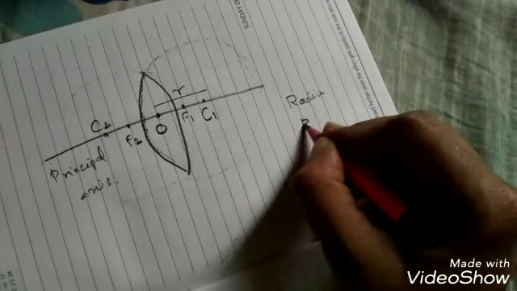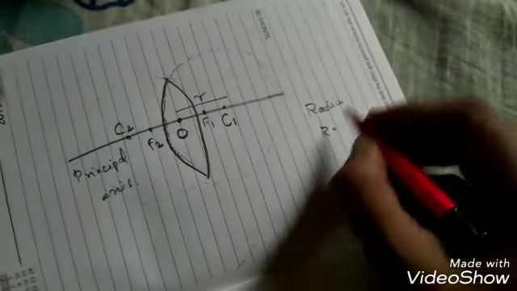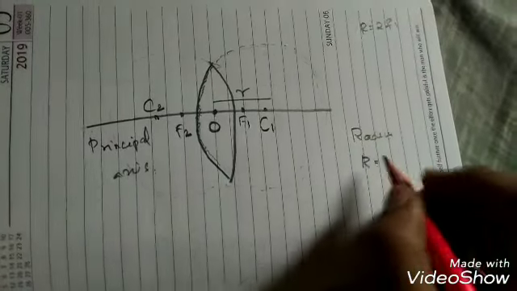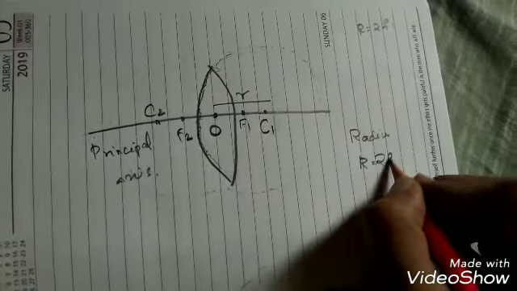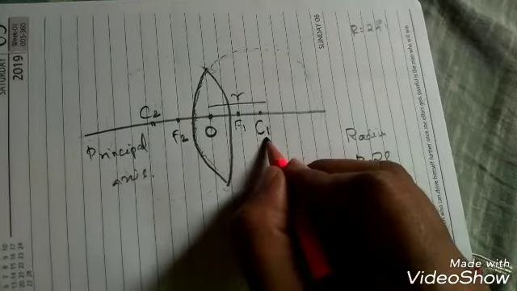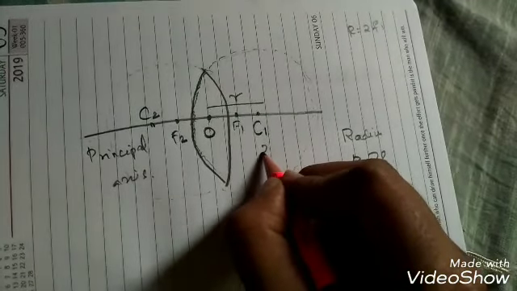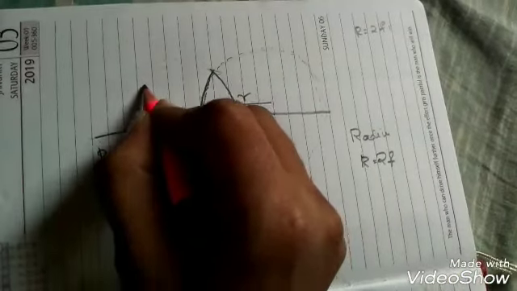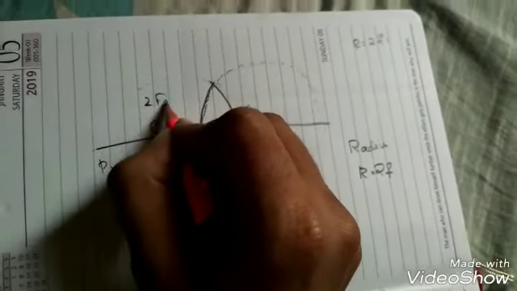This radius R, you know the formula already from the mirrors: the radius is twice the focal length. So similarly, this C1 I can also call 2F1, and this C2 I can also call 2F2.